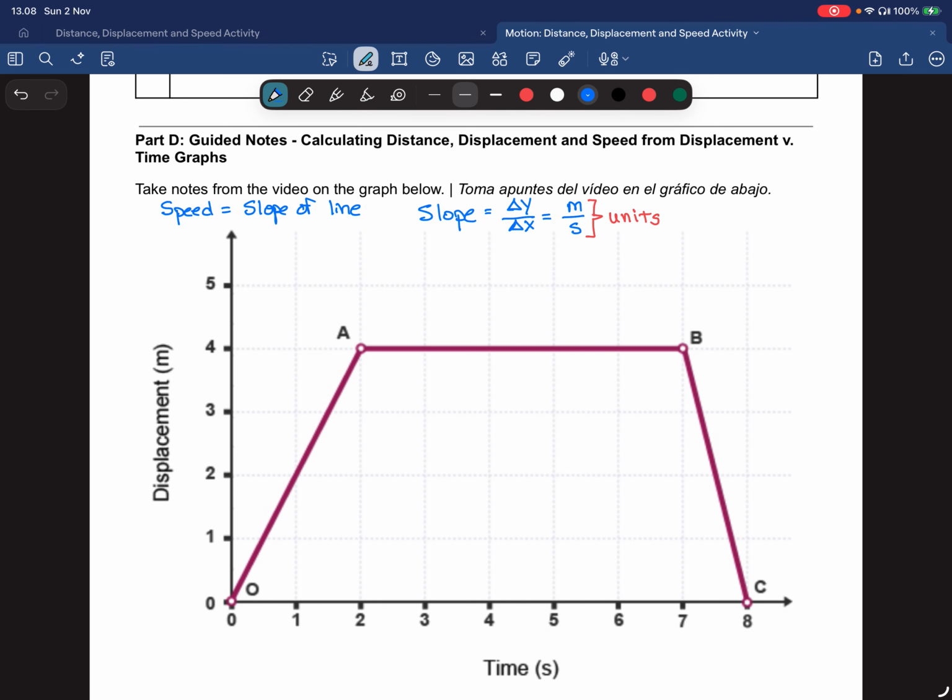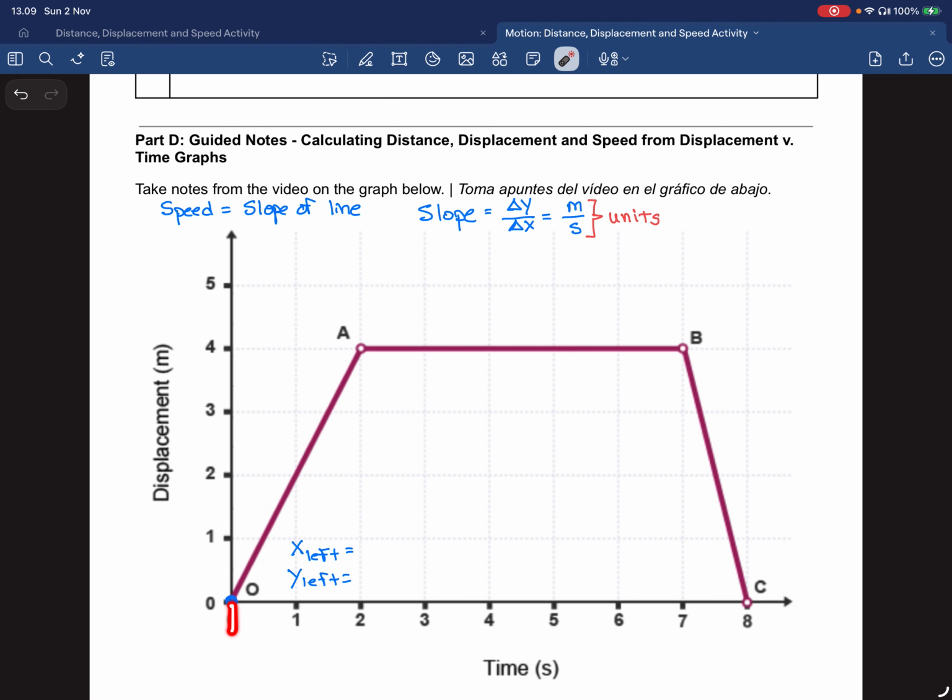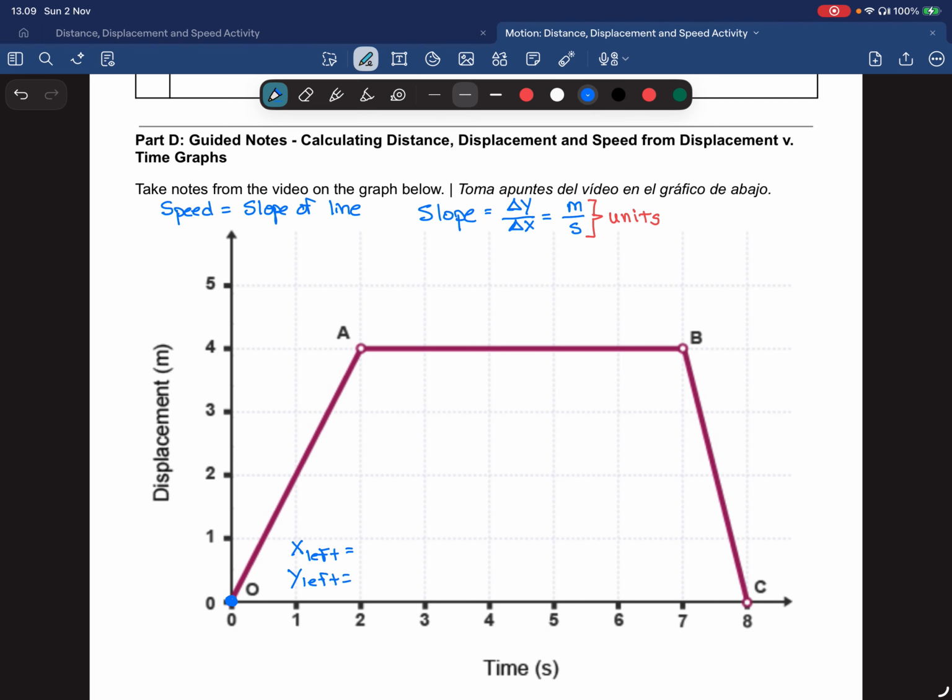You go in and you figure out for this point, what is your x left and what is your y left? Well, as it turns out, you're at 0 on the x and you're at 0 on the y, so that's pretty easy. X left is 0 seconds, y left is 0 meters.